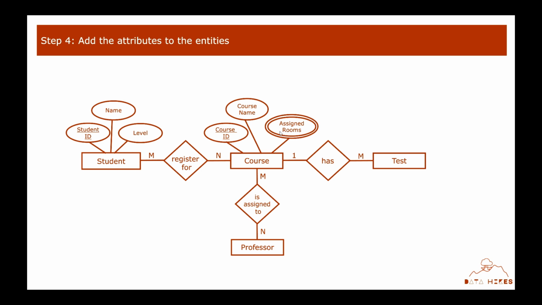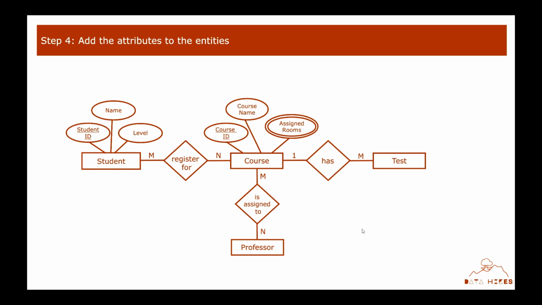Based on the schedule of the school, whatever, we can say that there can be multiple different assigned rooms for a single course. Hence, if for one course we can have multiple rooms, then this is a multi-valued attribute. Hence, these are the various attributes that we are using for course.